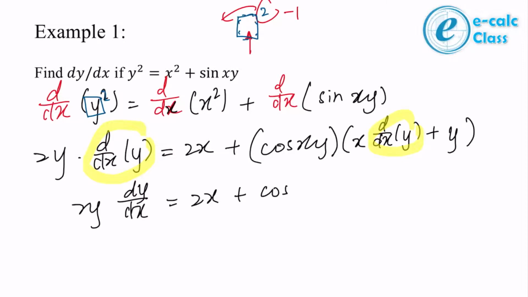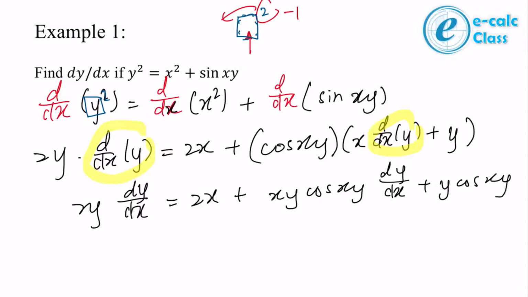Maybe I should expand it: x cos xy, xy cos xy, am I right? dy dx plus y cos xy. Am I correct?